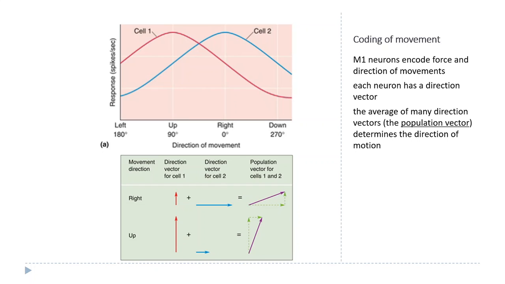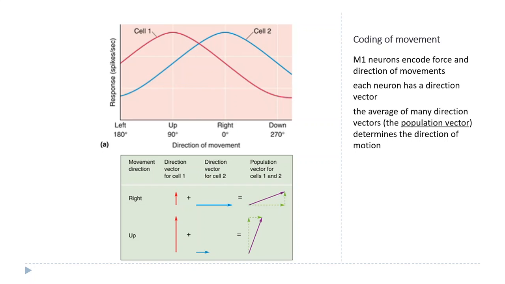So this is another example of population coding, which we've seen before in the sensory systems. If you have these two cells here, one cell's preferred direction is 90 degrees, in other words, directly up. And cell 2's direction vector is straight to the right. If those two are firing at about the same firing rate, then their net movement would be about 45 degrees up and to the right.